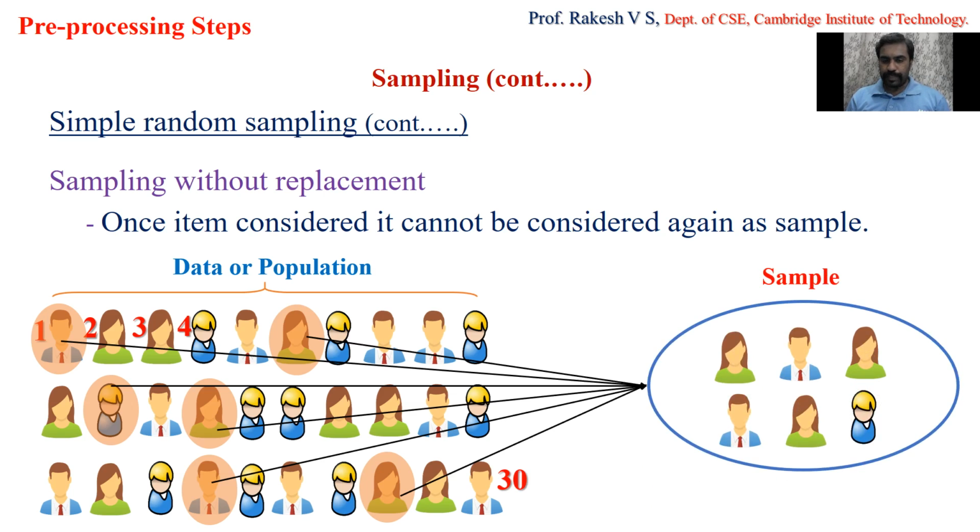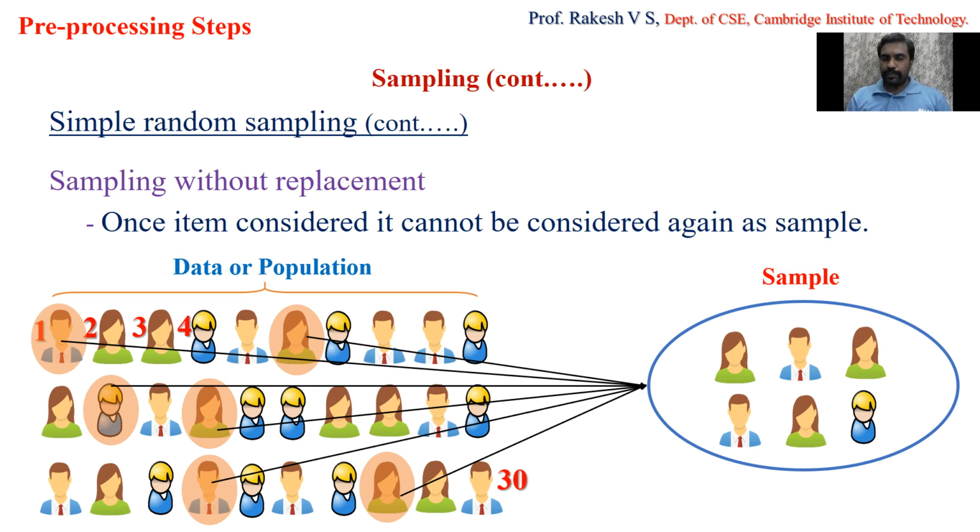In random sampling, we randomly select data objects equal to the sample size. In this example, since the sample size is 6, we have selected 6 data objects at random. Now, as the name indicates, it is sampling without replacement.